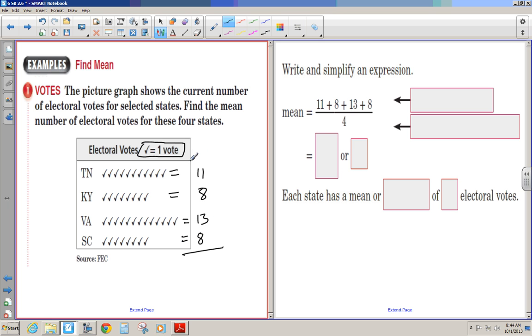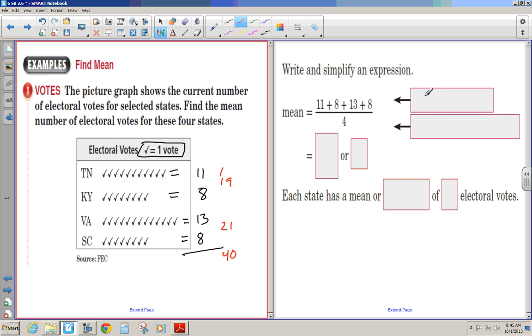So the definition of mean is the sum of this data. So 11 plus 8 is 19. 13 plus 8 is 21. Adding that up, that's 40.